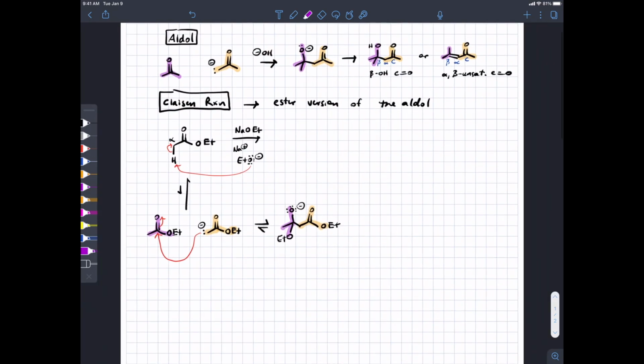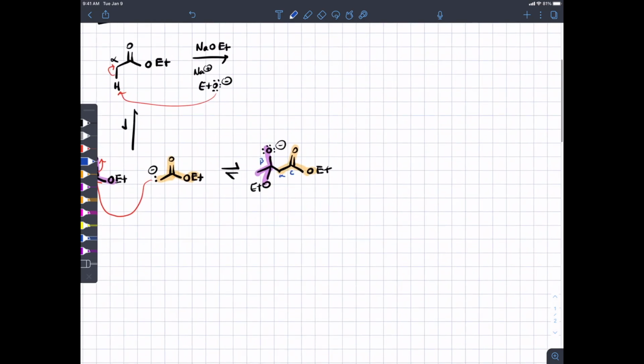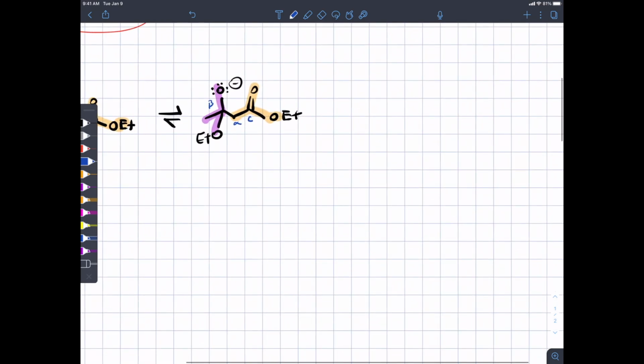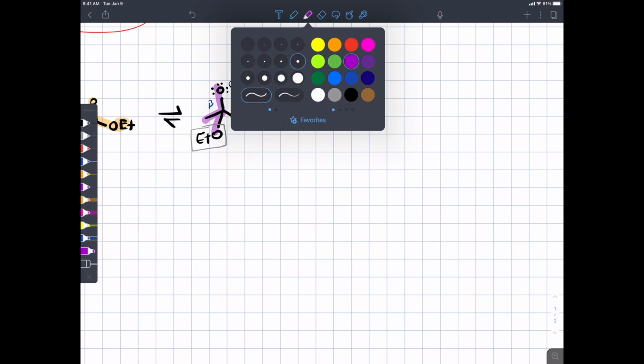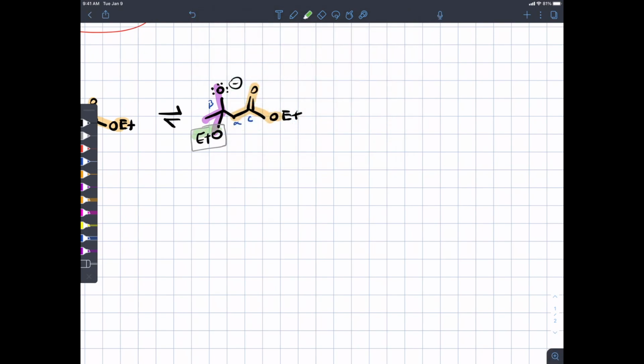Now, as we compare that tetrahedral intermediate with what we had above, the difference is that in the aldol reaction, there was no good leaving group on the now beta carbon, right? Whereas in the case of the Claisen reaction, or the ester version of the aldol, we do have a decent leaving group, at least relative to the negatively charged oxygen.